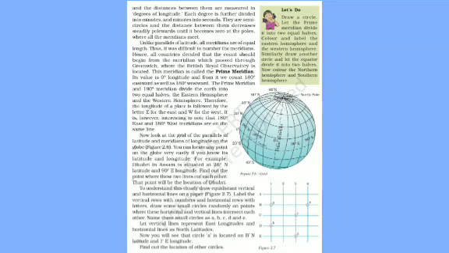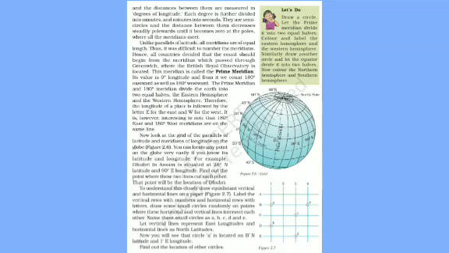So if we want to find the exact location of a place on the same latitude, we have to take the reference of the longitudes. They are also called meridians of longitude.